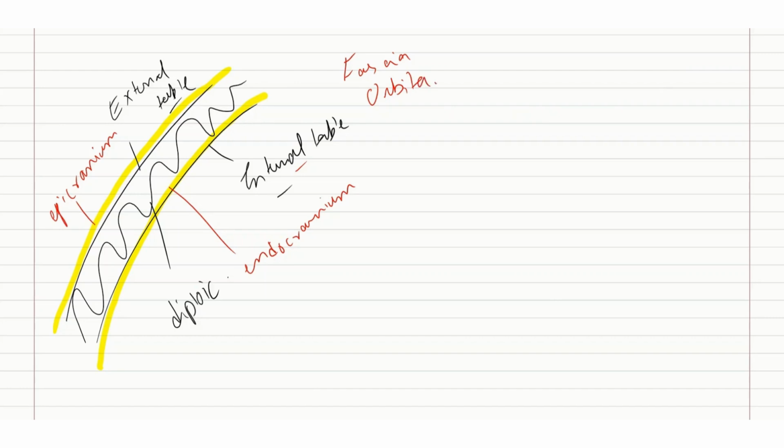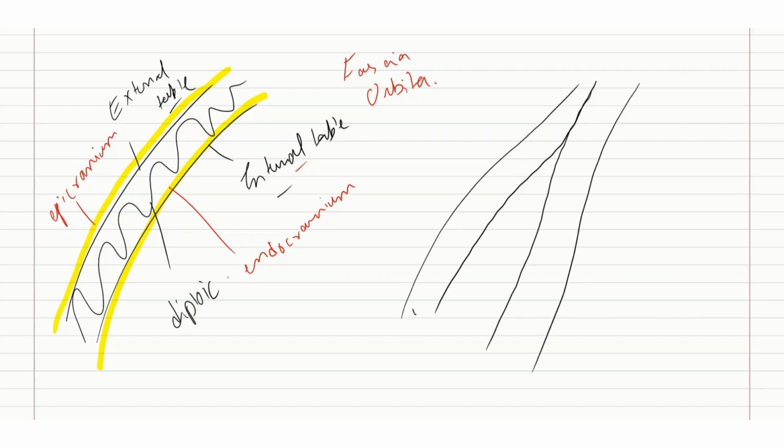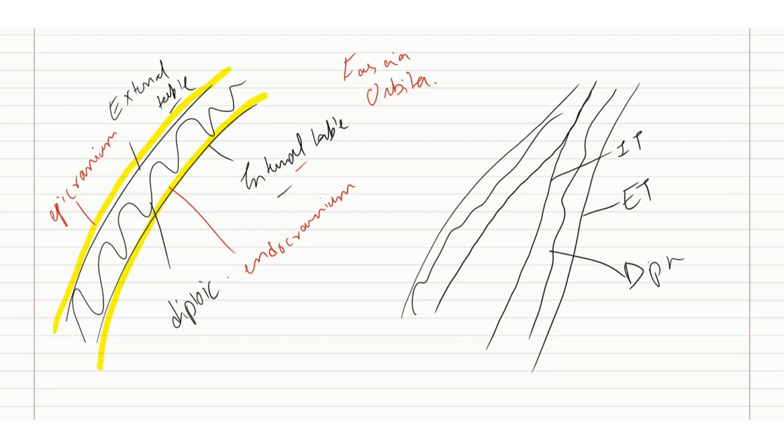Now, where does the sinus form? When the internal table splits, this is the internal table, this is the external table, and this is diploic, and so it is on the other side.